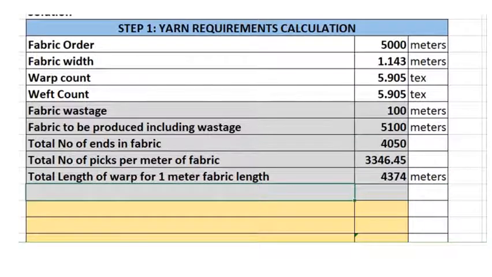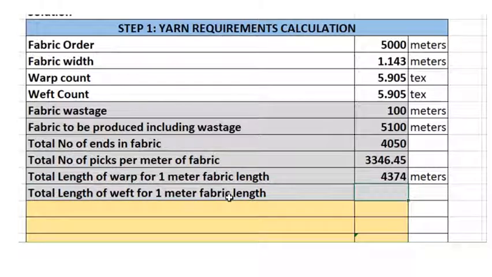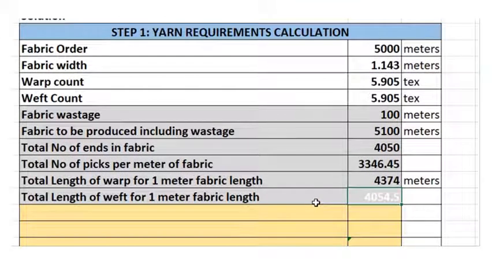Similarly, the total length of weft in 1 meter of fabric. So we know the number of picks in 1 meter. So picks in 1 meter into crimp percentage. The formula and details we already saw in the warp and weft yarn requirements.